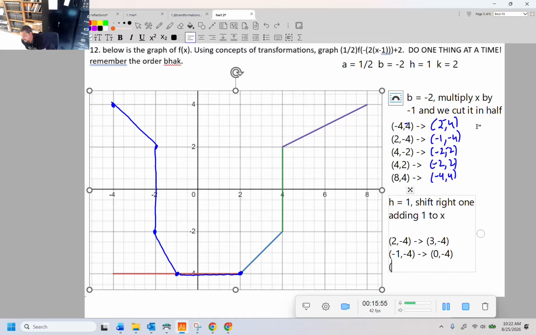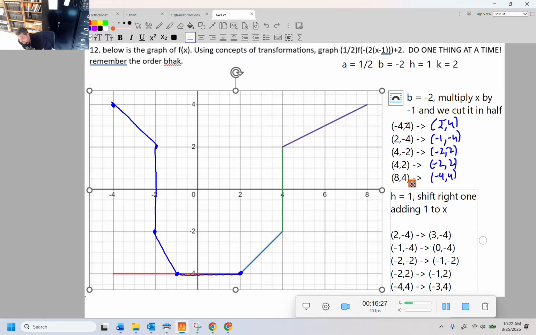The point at (-2, -2) becomes (-1, -2). The point at (-2, 2) becomes (-1, 2). And finally, even though there are 2 more letters to talk about, the point at (-4, 4) becomes (-3, 4) because we are adding 1 to x. It's just a piece by piece thing.